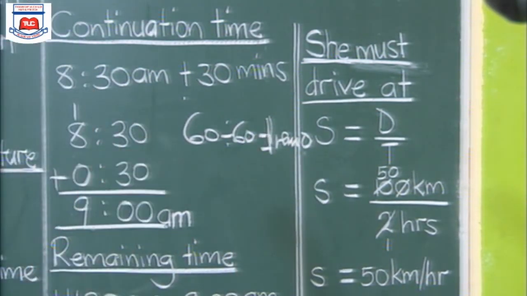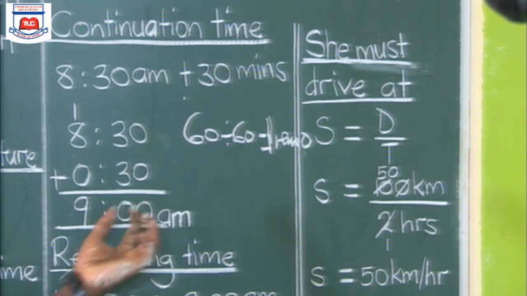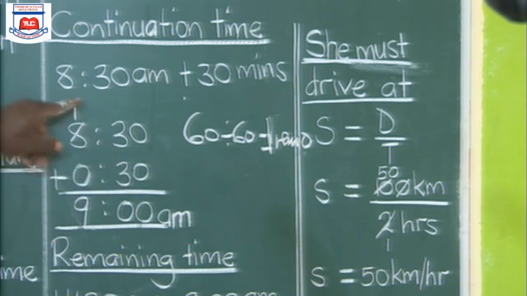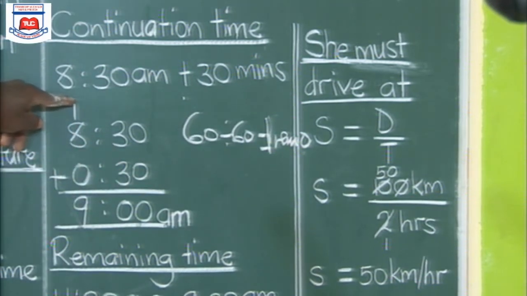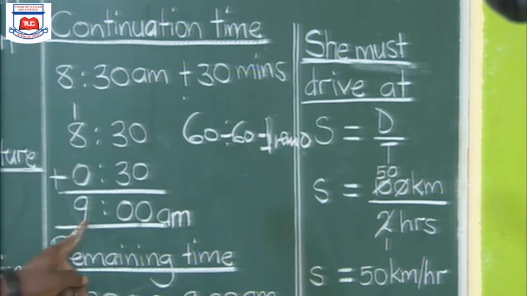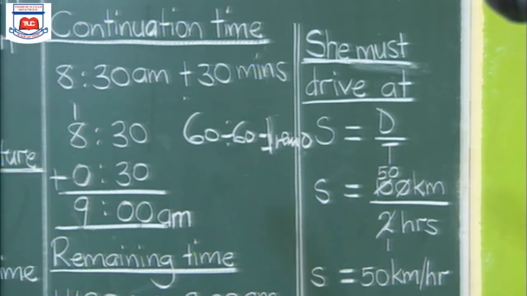Therefore, under minutes, you write 00 and then carry 1 hour onto the hour section. So I've got 1 plus 8 plus 0, thereby getting 9. So Rita continued with her journey at 9 a.m.